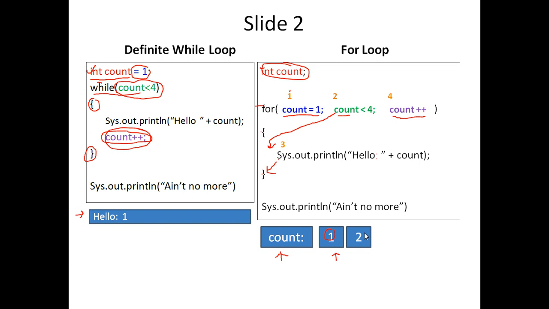And then we're going to take this 2, and we're going to go to the test now, just like we did over in the while loop. And we're going to see if 2 is less than 4, and yes it is. And so we're going to go inside the loop and print hello and the value of count, which is now 2.